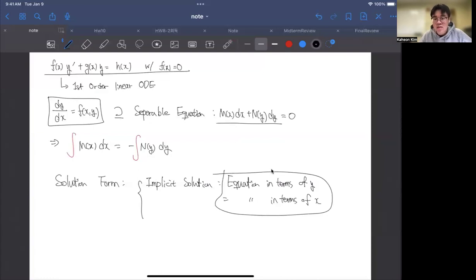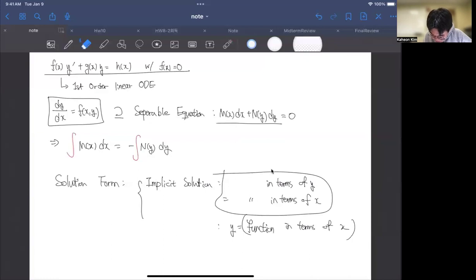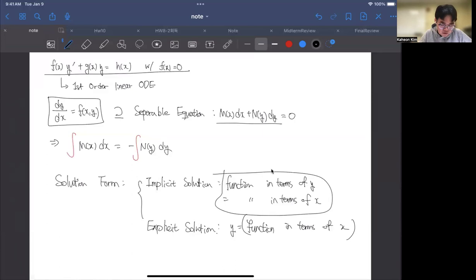But if you are fortunate, you can get a solution of y equals a function in terms of x. That is what we call an explicit solution, right? So that's the point of solving the separable equation.